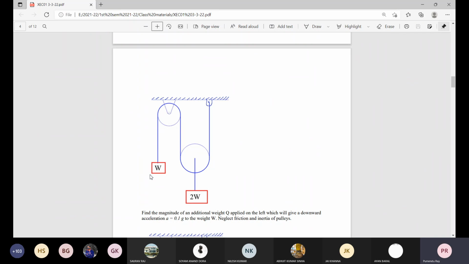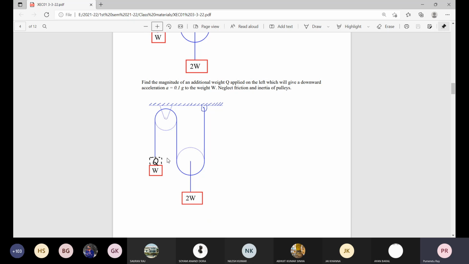It is in static equilibrium. Weight W, the tension is W, here the tension is W, so this W plus W, that is twice W, and it is under equilibrium. Now find the magnitude of an additional weight Q applied on the left, which will give a downward acceleration a equal to 0.1 g to the weight W. Neglect friction and inertia of pulleys.